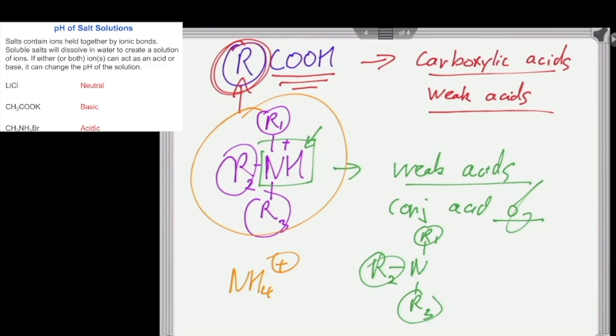Yeah, these are ammonium salts. Ammonium being where the R groups could be methyl, could be ethyl, could be the rest of the fruit. But they're an ammonium salt. They're an ammonium cation. Meaning this guy here, these are amines. The neutral form of it is an amine. So amines are our typical weak bases.